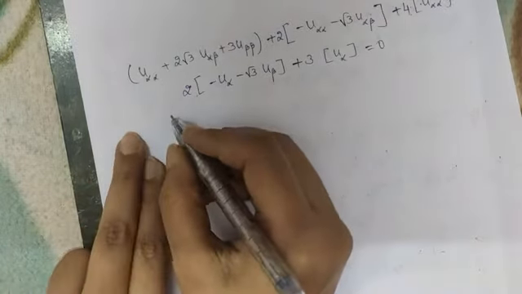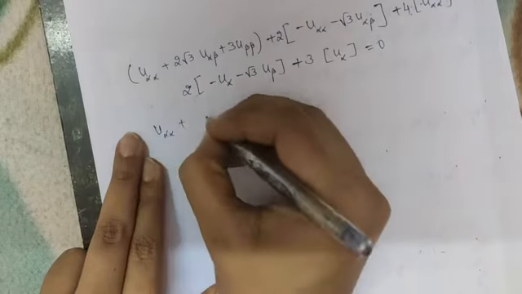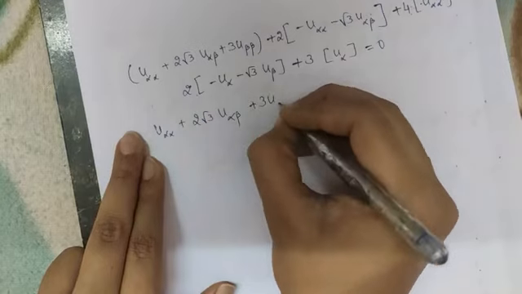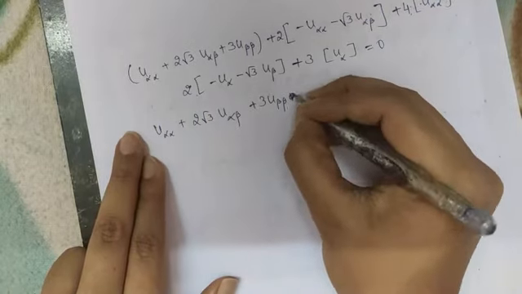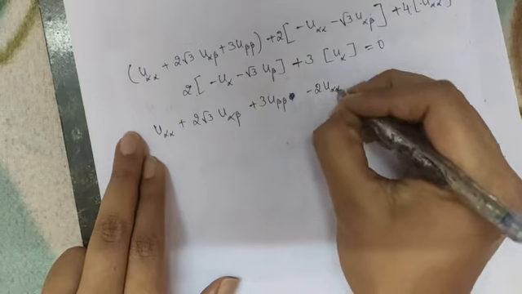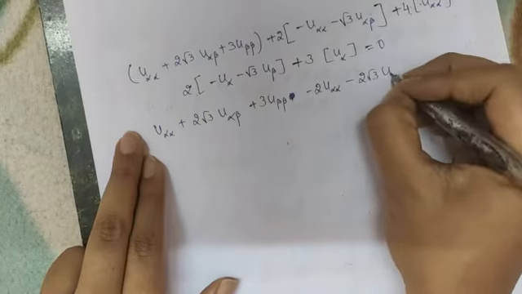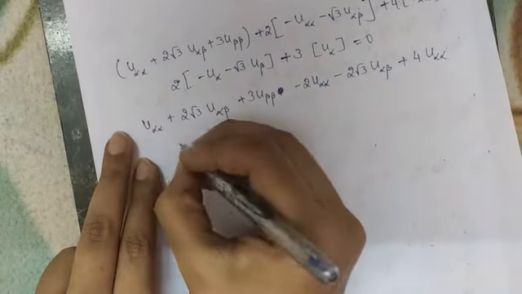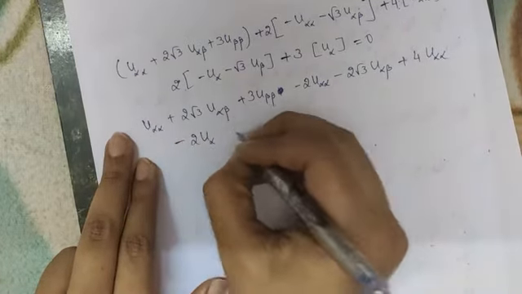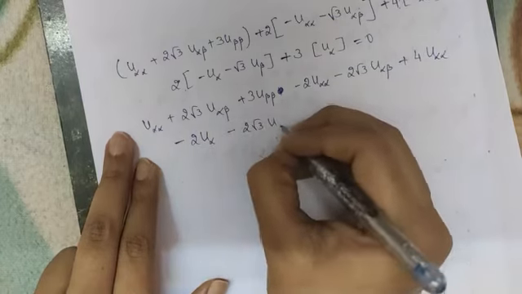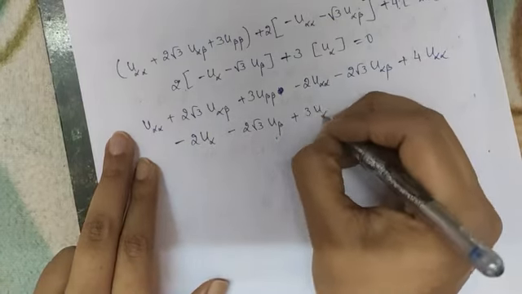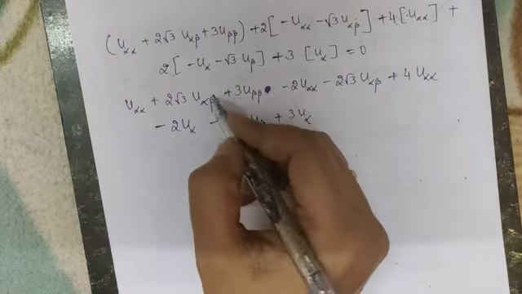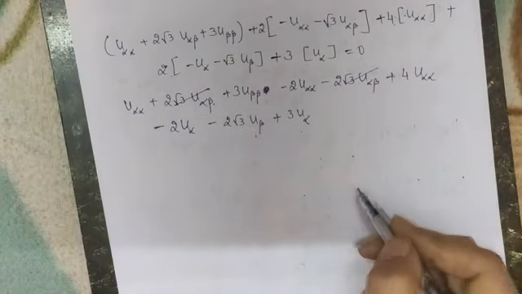So now you will get u alpha alpha plus 2 root 3 u alpha beta plus 3 u beta beta minus 2 u alpha alpha minus 2 root 3 u alpha beta plus 4 u alpha alpha minus 2 u alpha minus 2 root 3 u beta plus 3 u alpha. Now 2 root 3 u alpha beta gets cancelled with this term.